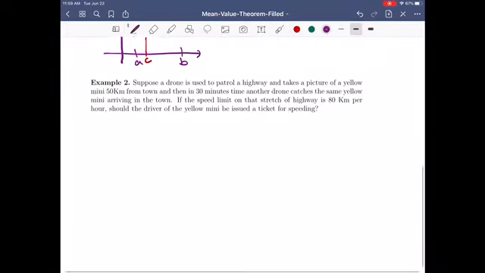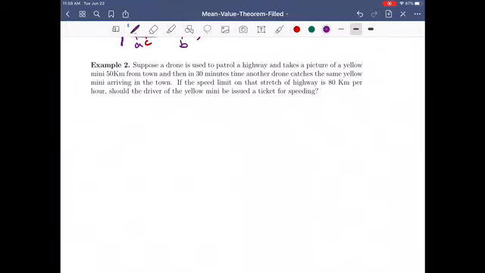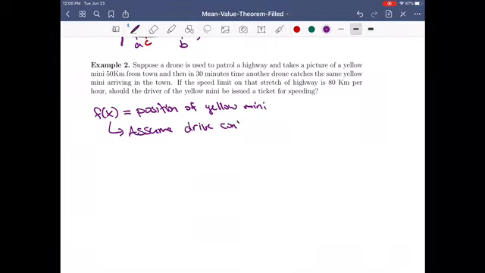So let's say our f of x is the position of the car. Now, we're going to assume that they drive continuously and in a differentiable way.